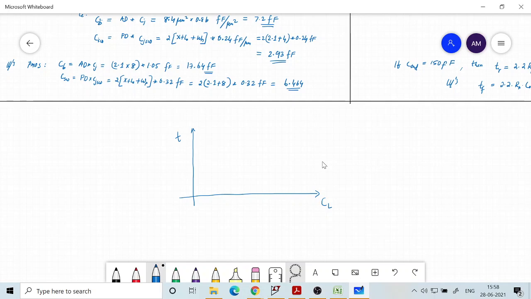Time means one curve for rise time and one curve for fall time. In our case, discharging was faster, so that means fall time was smaller.